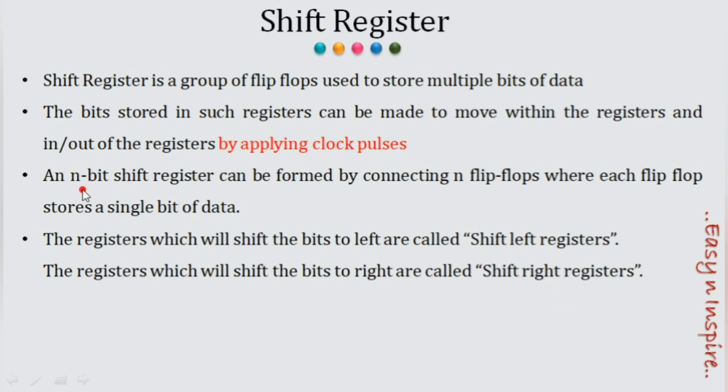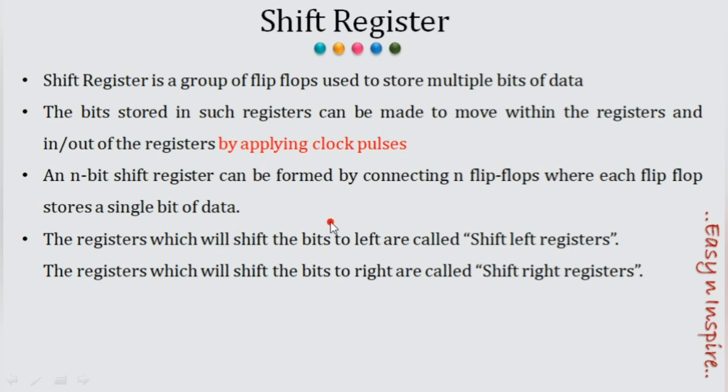So if you want to form n bit shift register, then we need to connect n number of flip-flops together. This is a very important point. So to design n bit shift register, how many flip-flops are required? N flip-flops are required. And how is the data transferred from one flip-flop to another flip-flop?